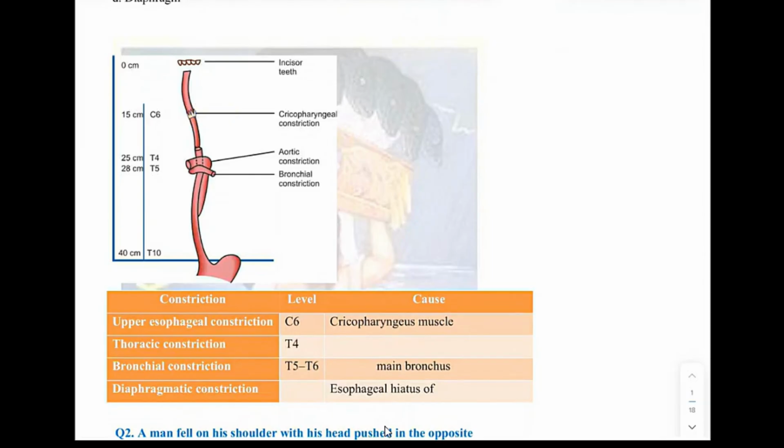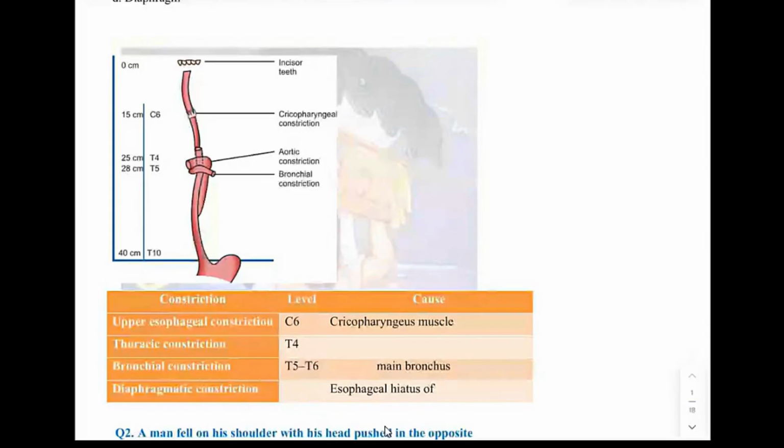The second is where the arch of aorta is crossing. The third one is because of the left main bronchus, and the fourth one is because of the entry of the esophagus through the diaphragm. So these are the 4 areas where the esophagus is constricted or narrows down.